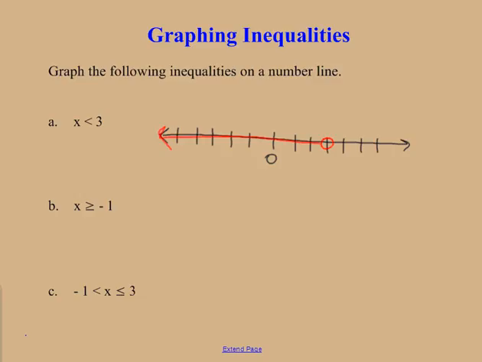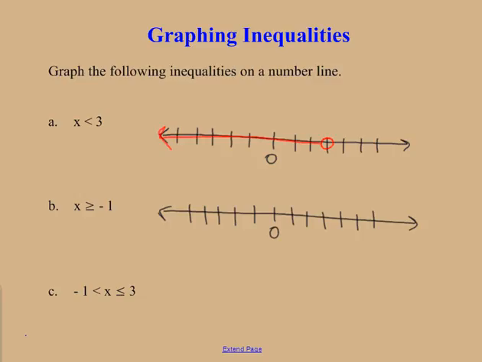Let's look at part B. Again, we start with our number line. Important to include 0. And our inequality in part B says x is greater than or equal to -1.